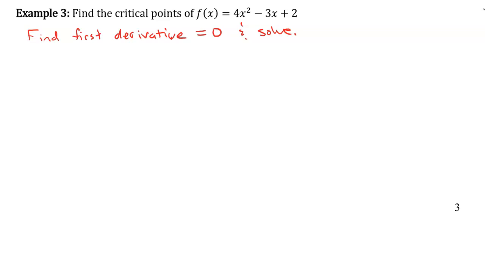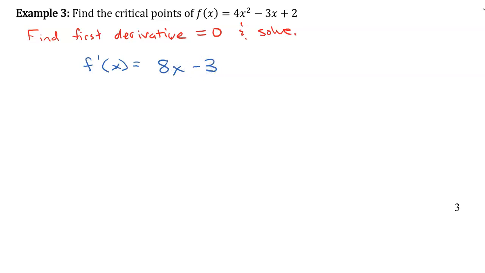So, we have our lovely function here, and now that we have spent several chapters figuring out how to find derivatives, we can actually do so. So f prime, the first derivative, of this lovely thing, using the power rule, the power comes out front, and then we go down a power, so 4 times 2 is 8x, and then minus 3.